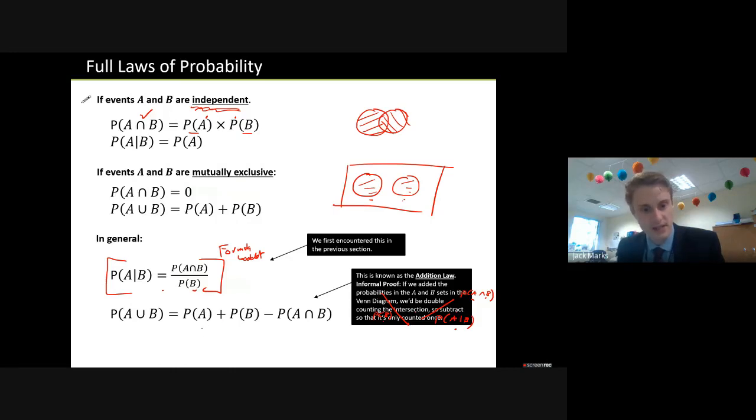So in general, we say it's the probability of A plus the probability of B, take away the overlap, because otherwise we'd count this part in the middle twice. If they are mutually exclusive, by the way, that overlap area would be zero. So do you see that this one also fits this case as well? Okay, so these are our full laws of probability.